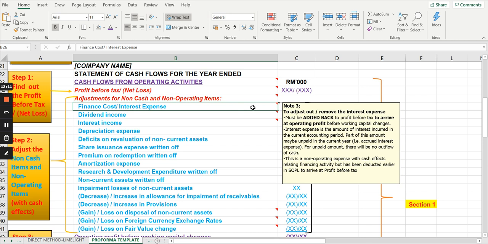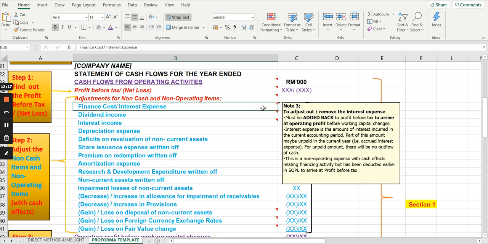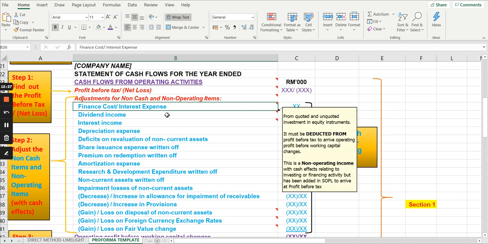It has been deducted earlier in the SOPL to arrive at profit before tax, so now we are adding it back, because before this we deducted. It is just the reverse case.